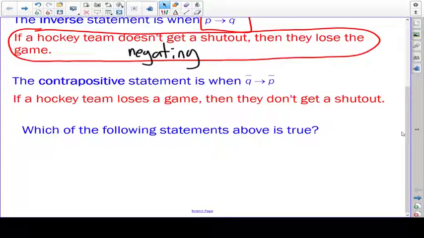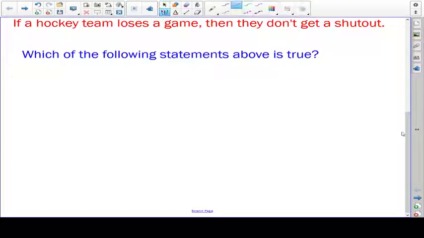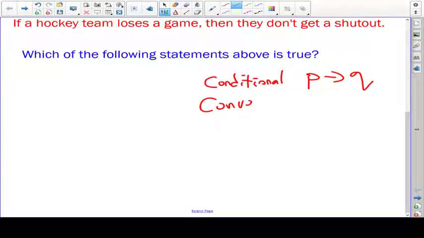If you want a cheat sheet or a quick summary, you can make a conditional statement out of anything. It doesn't have to be true, but you can make a conditional statement, and it's always in the form P implies Q. The converse, as we learned yesterday, will always be Q implies P. We just change the order of P and Q around.